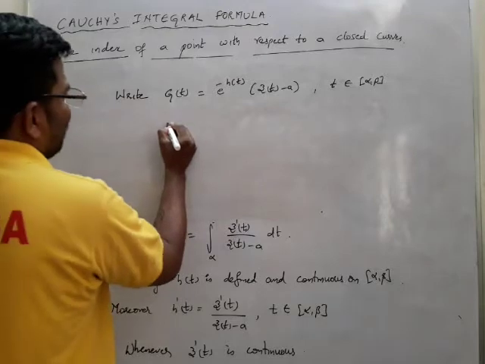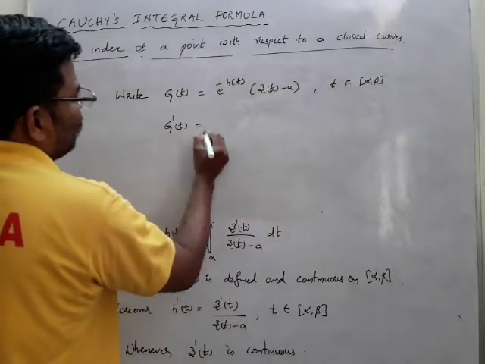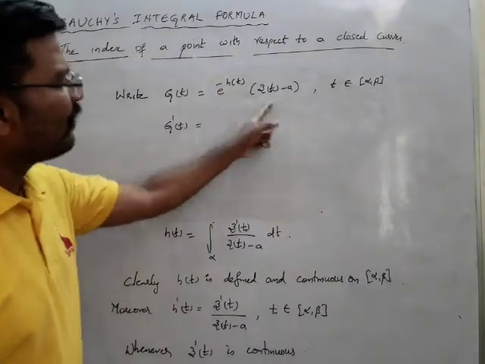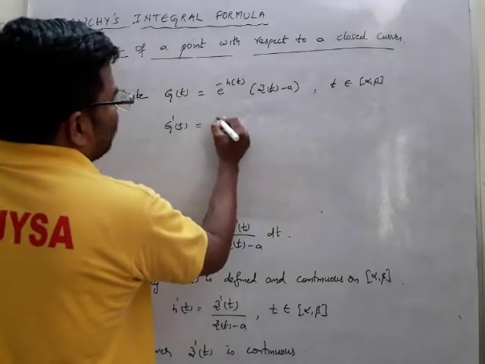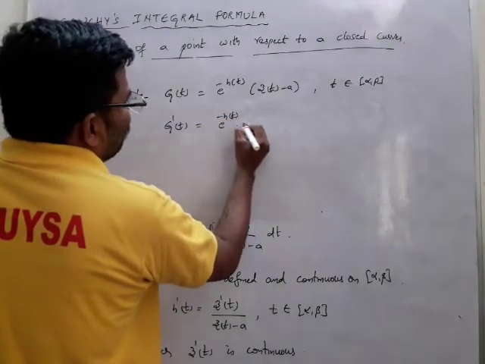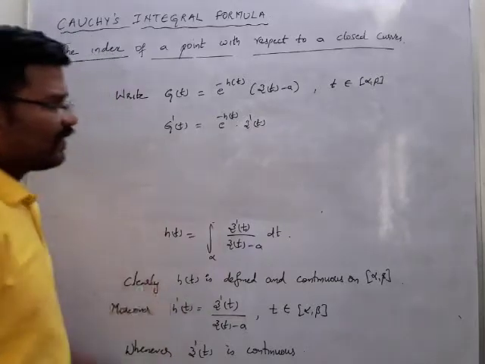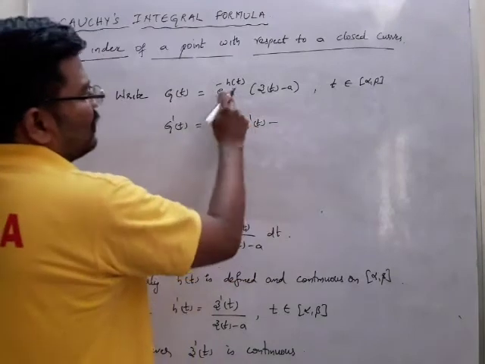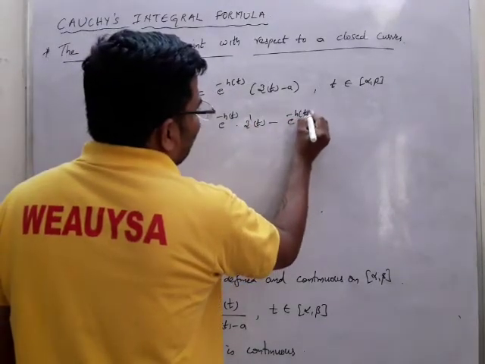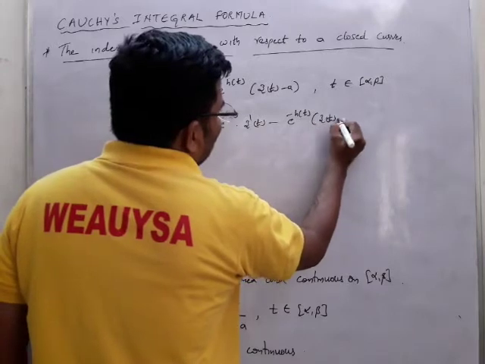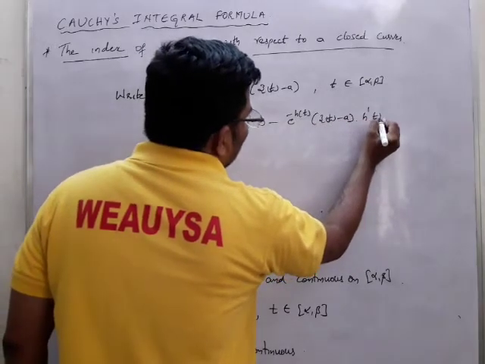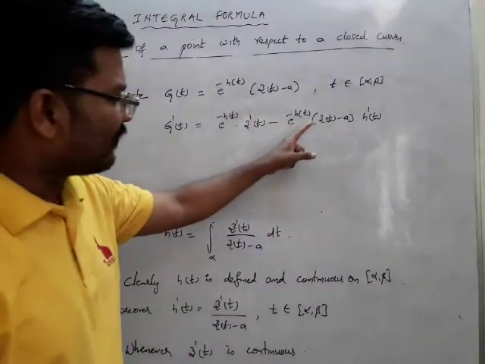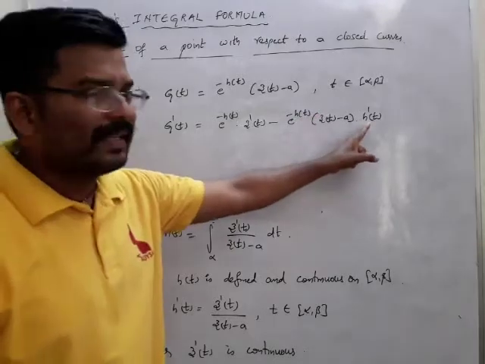Now we find g dash of t. I differentiate with respect to t in the uv form. So g dash of t is e power minus h of t into z dash of t, minus e power minus h of t into z of t minus a into h dash of t, because if you differentiate e power minus h of t you get e power minus h of t times the derivative of h of t, which is h dash of t.